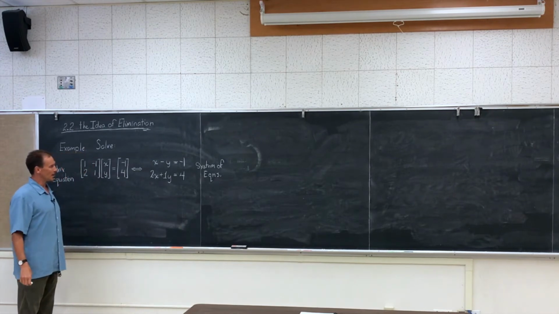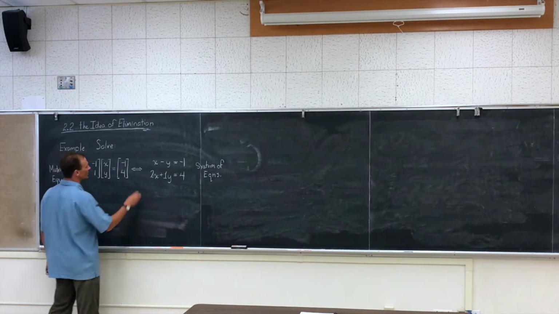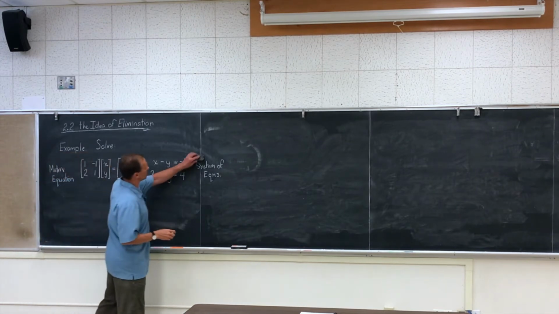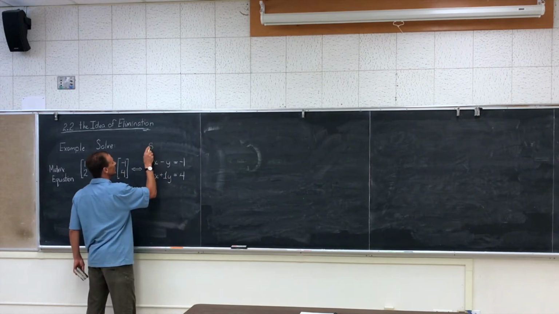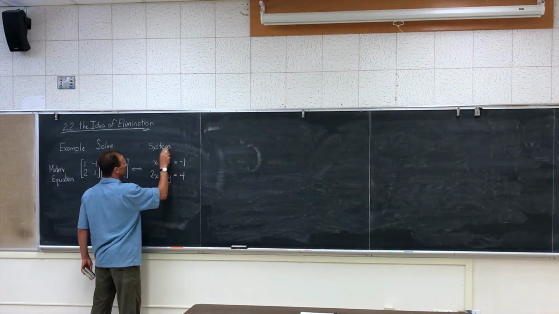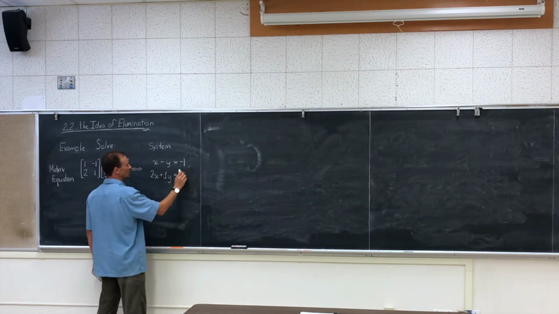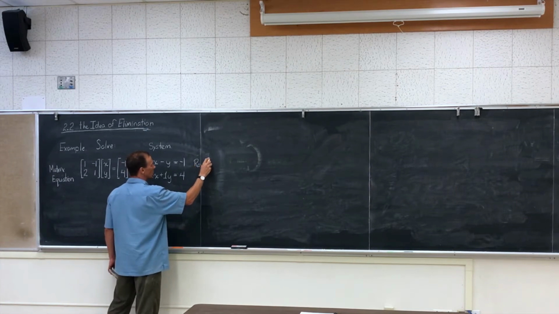Now, we need some more notation here. I should have given myself some more space. Let's write it this way. Call this my system of equations. This is my system. And this is going to be my first row, so this is row 1.